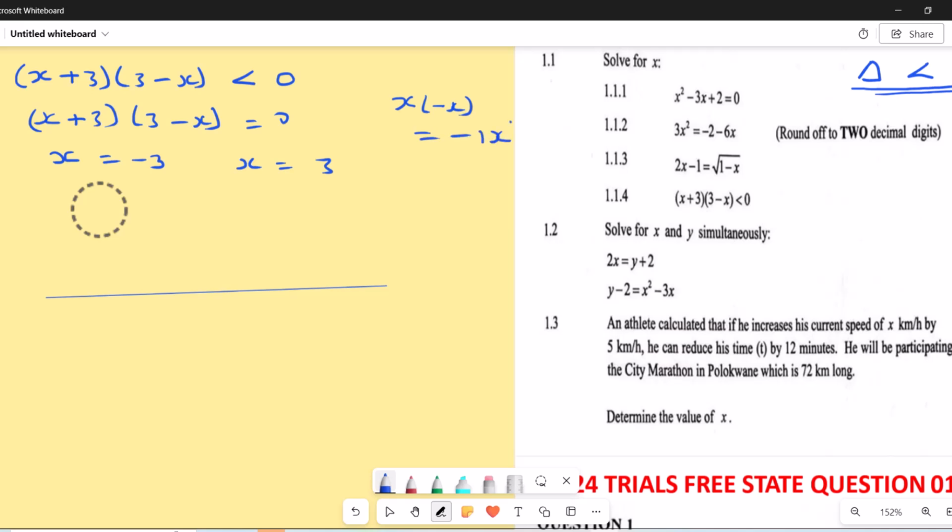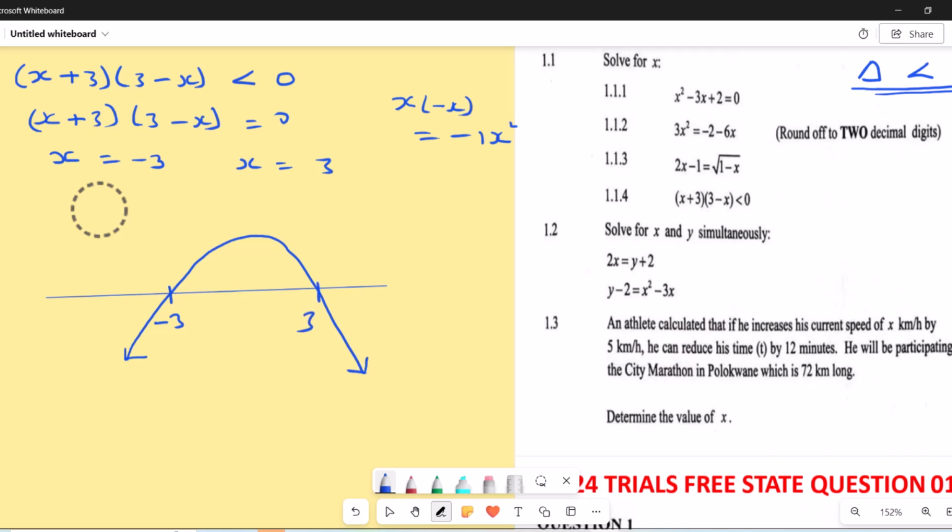Because of this -1, the shape of this parabola would be like this, facing downward. So for this matter, we put our critical values now. The smallest is -3, then the biggest is +3.